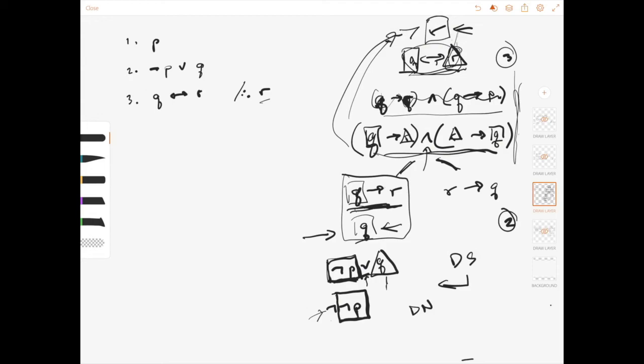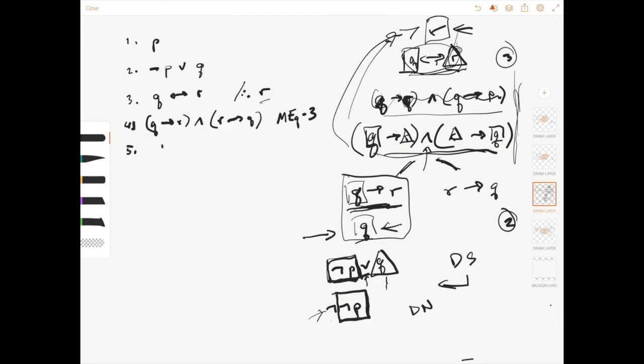So let's do this. On line 4, let's use material equivalence to rewrite line 3 as Q implies R and R implies Q. And then on line 5, we need to justify. So on this, we use material equivalence on line 3, okay?